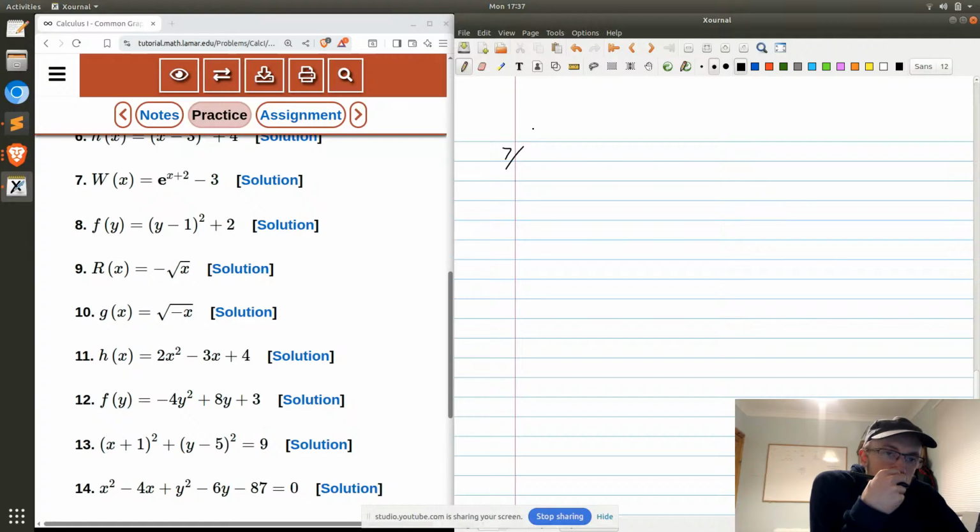W of x is an exponential graph translated 2 units to the left and 3 units downwards. Okay, so I have some intercepts to figure out.